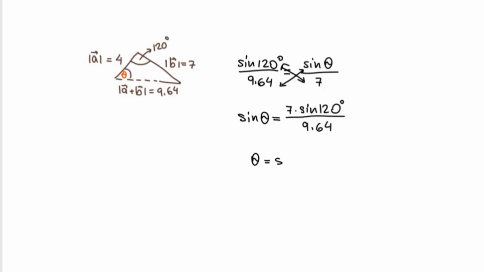Theta from here equals sine inverse of the value that you get when evaluating this number. So theta equals approximately 39 degrees. So therefore, the magnitude of the sum of vectors A and B is 9.64 units, and the vector is going in the direction of 39 degrees from A towards B.